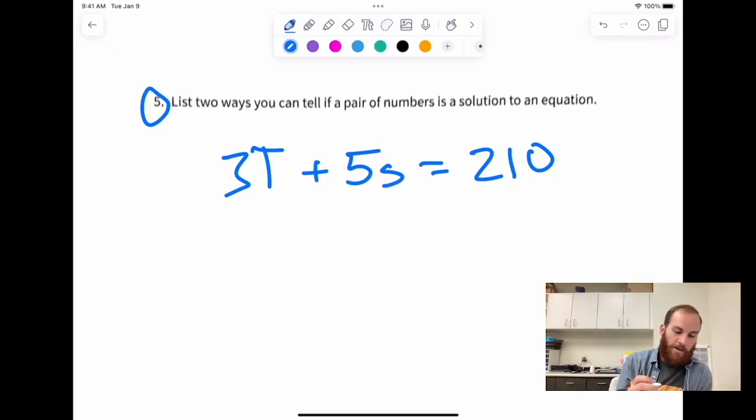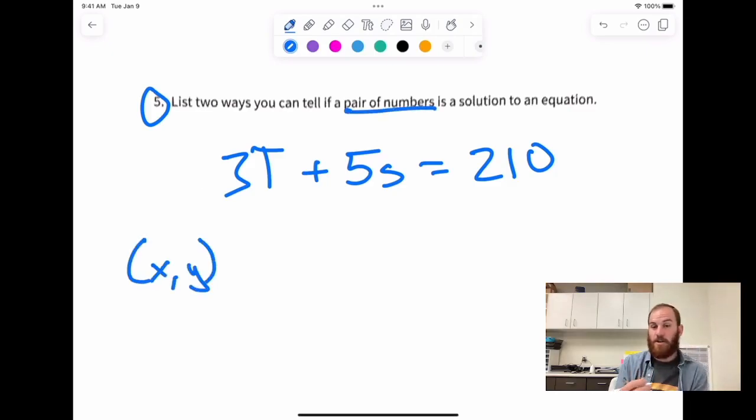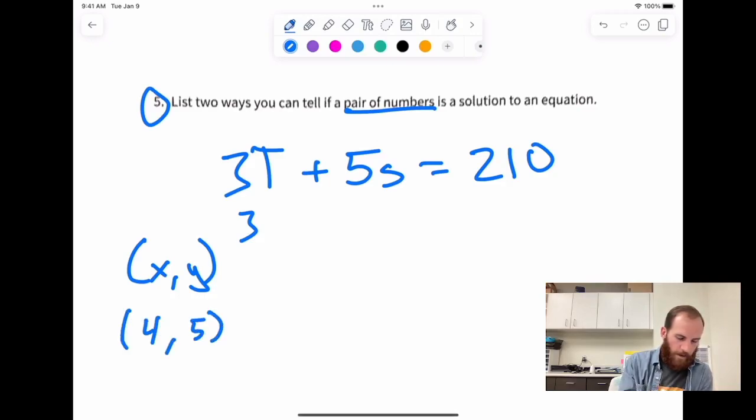Anyway, so first way to tell is if the point's on the graph. If a pair of numbers is an xy coordinate that is on your graph, it's a solution to the equation. The other way to tell is if it makes the equation true. Let's say we had 4 and 5. 3 times 4 plus 5 times 5 equals 210.